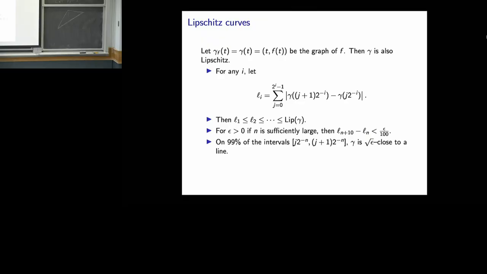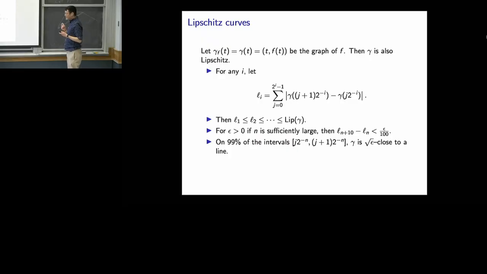In fact, you can quantify this. The way I've set this up, you have to be a little bit careful, because if you're looking at L sub n, you're not just looking at one interval. You're looking at every interval along this curve, and so you can't necessarily say something about every interval. But on 99% of those intervals, gamma is root epsilon close to a line.